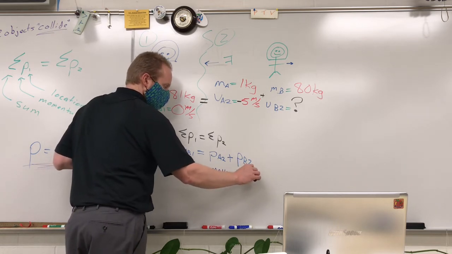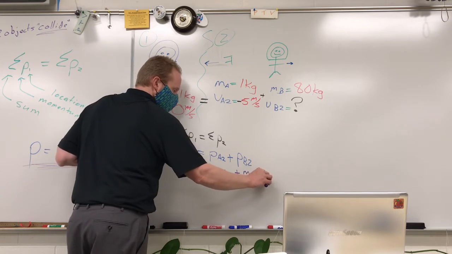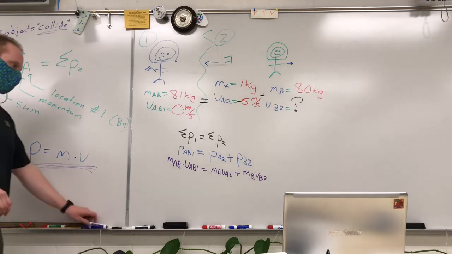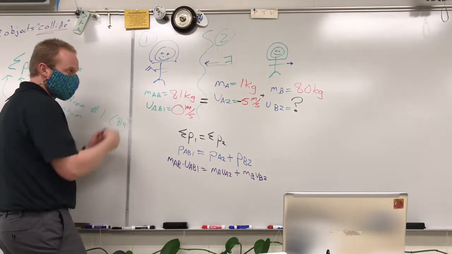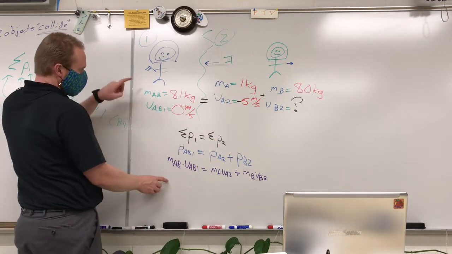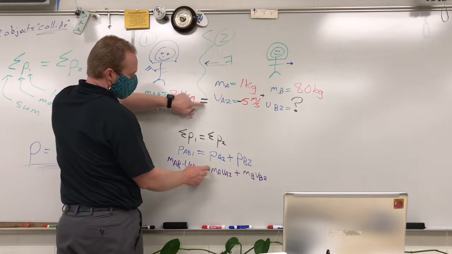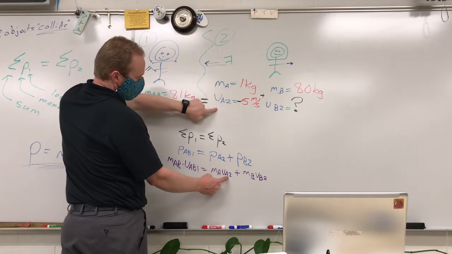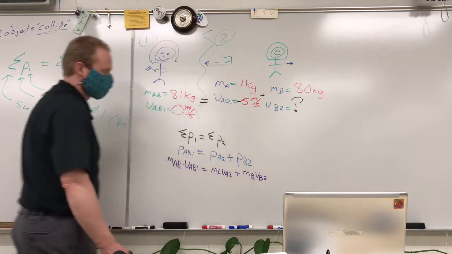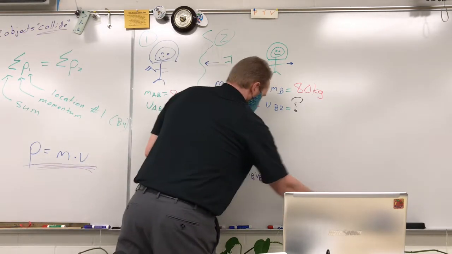Plus the momentum of object B, which is the mass of B times the velocity of object B. Again, by drawing the picture the way I did, with the labels and the variables that I have, this really just becomes this times this equals this times this plus this times this. So drawing a picture is really a good idea, in my opinion.